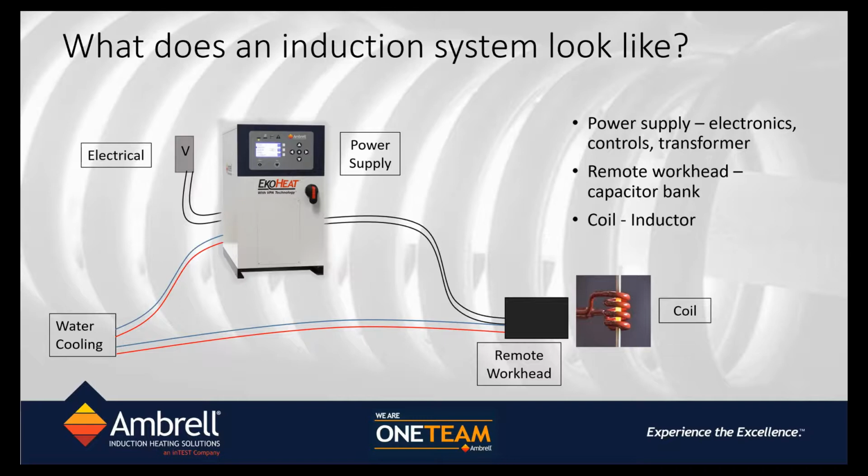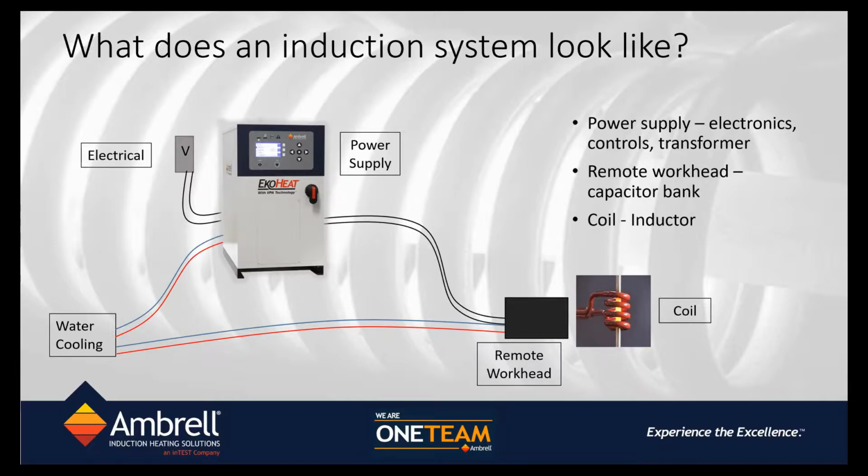We'll talk in the upcoming slides about what frequency is, but for the time being, you can just assume that its purpose is to generate a much higher frequency than what is available through the wall inside the induction heating power supply.